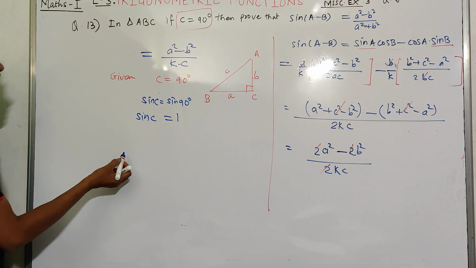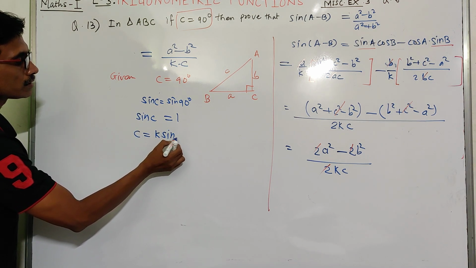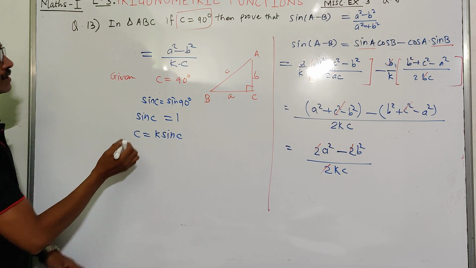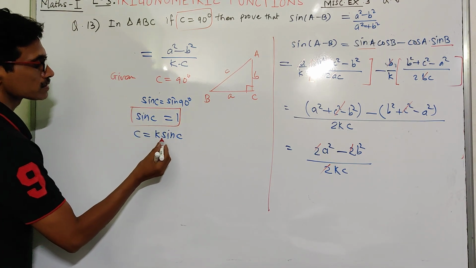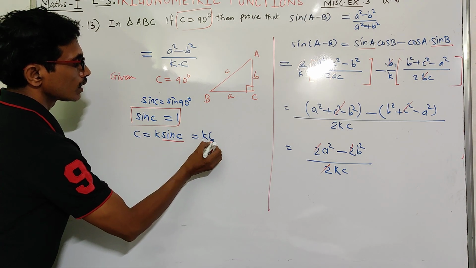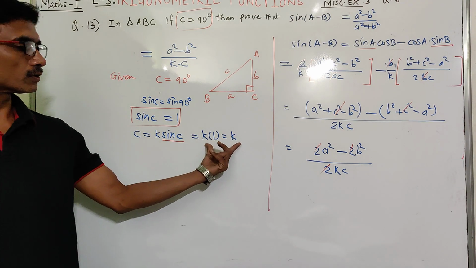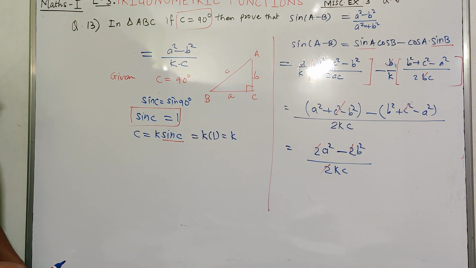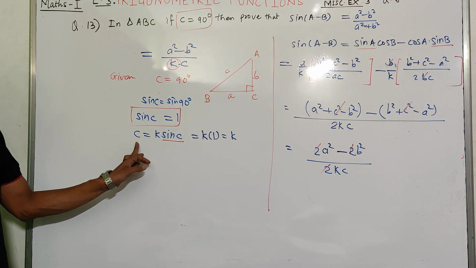Now what is the sine rule? c is equal to k sine C, but sine C is equal to 1. So in this place we will write 1, thus we are getting k into 1, which is k. That means c is equal to k. So in place of k we can write c.